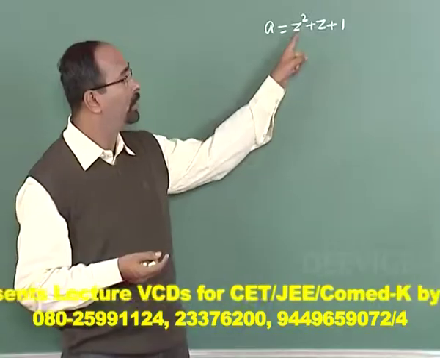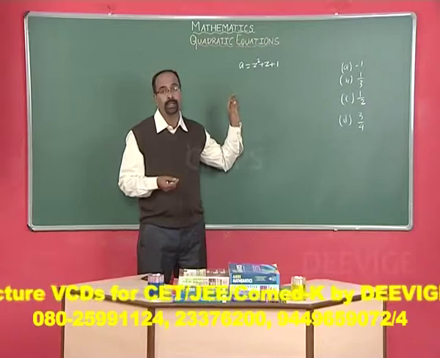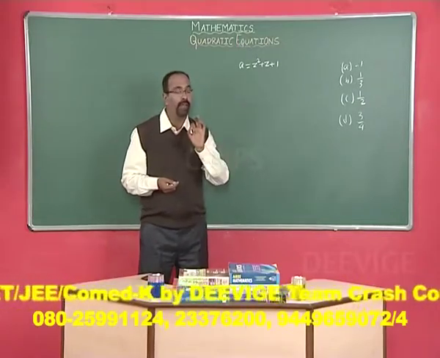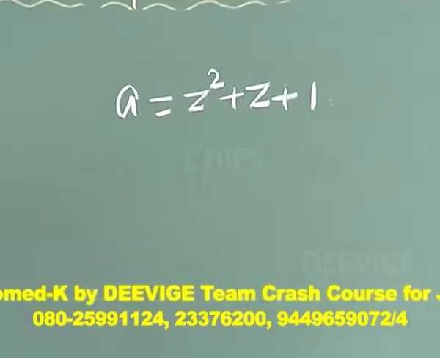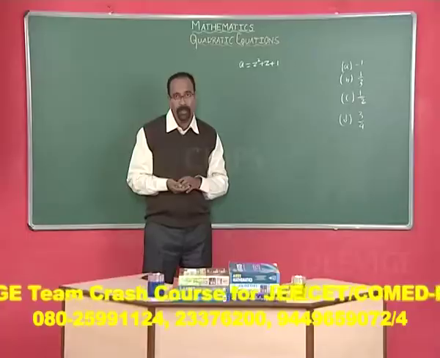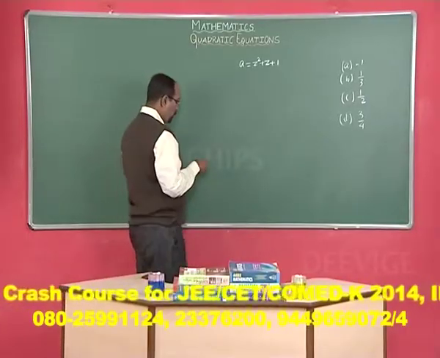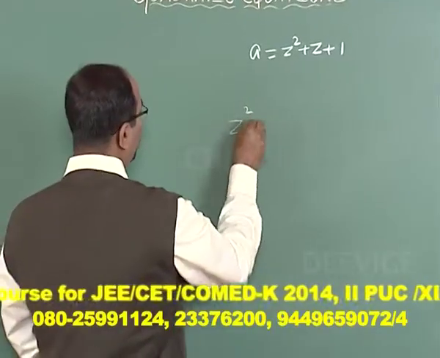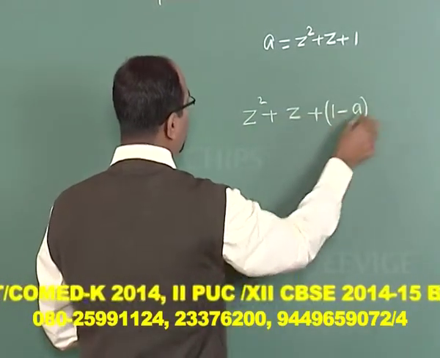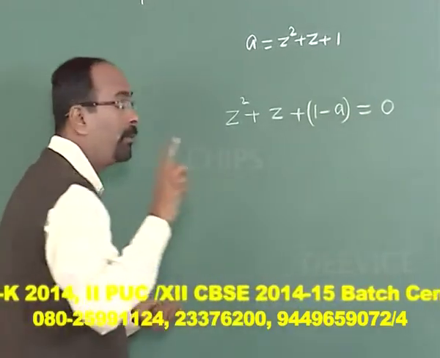Look at this, z has got the form x plus iy where y will never be 0. That means to say z is always complex. Z is always complex means the roots of the quadratic equation z square plus z plus 1 minus a is equal to 0 are imaginary.